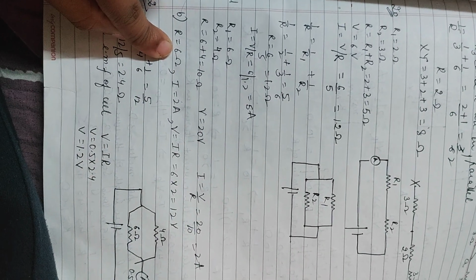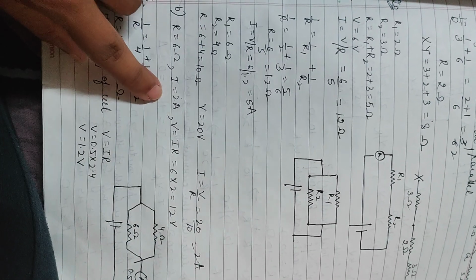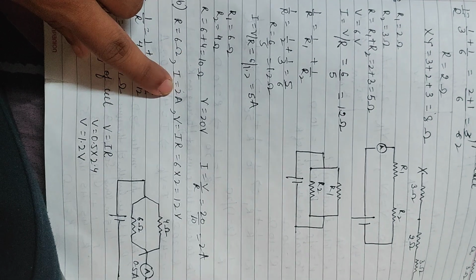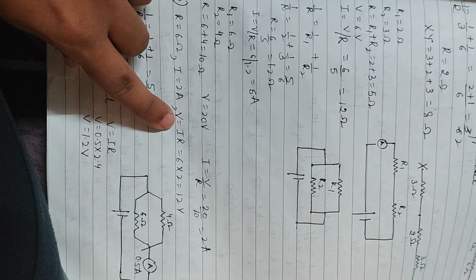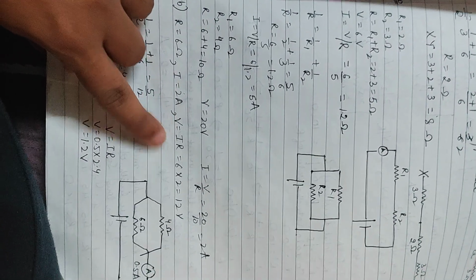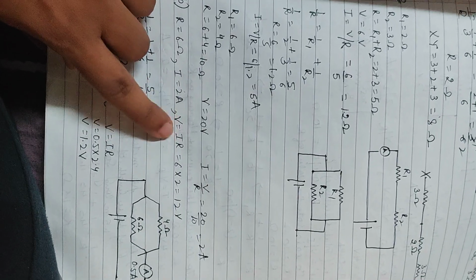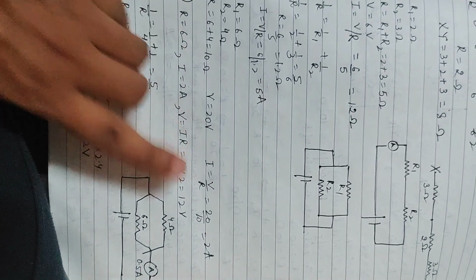Now the resistance is 6 ohm. As they are in series, the current will not vary; the current will remain the same for both parts. We have to calculate the voltage. Voltage splits in the case of series, so V is equal to I into R, that is 2 into 6. The answer comes out to be 12.